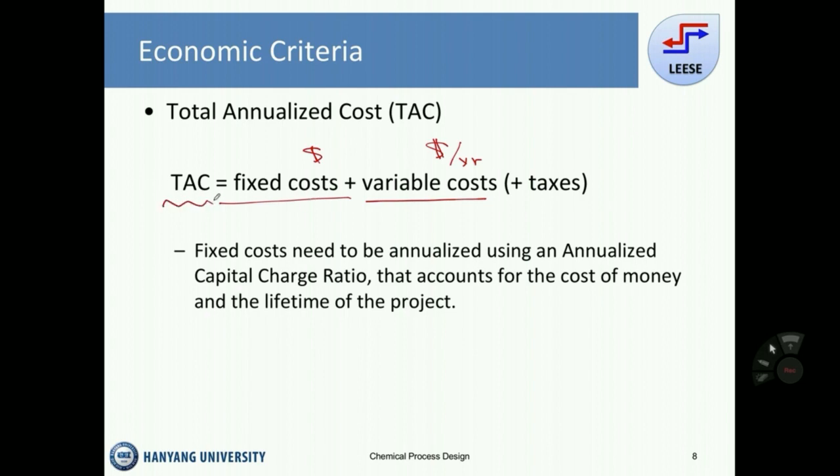Typically the total annualized cost is based on dollars per year, so we need to convert that into dollars per year. How do we do it? We use the annualized capital charge ratio. Sometimes we simply say annualization factor.